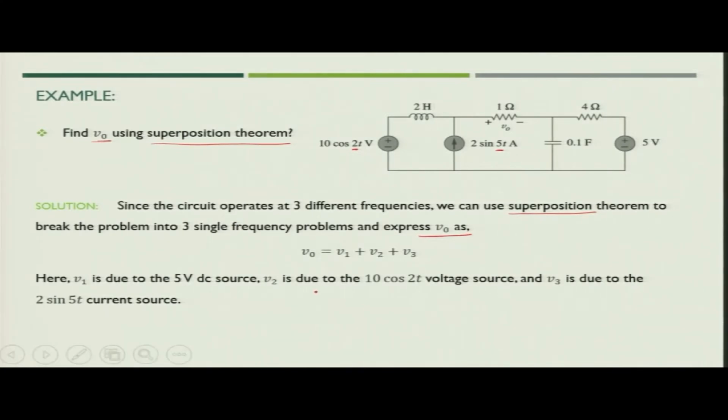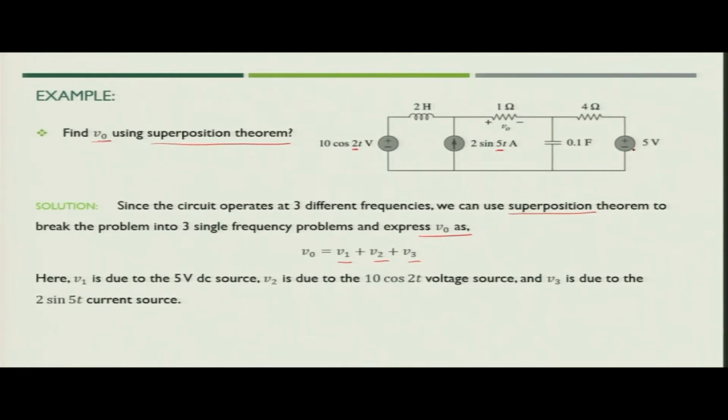Let us assume that V1, V2 and V3 are the individual voltage responses when you take the DC, then the 10 cos 2t volt, and finally V3 corresponds to the current source, that is 2 sin 5t. So, the final voltage will be V naught equal to V1 plus V2 plus V3.